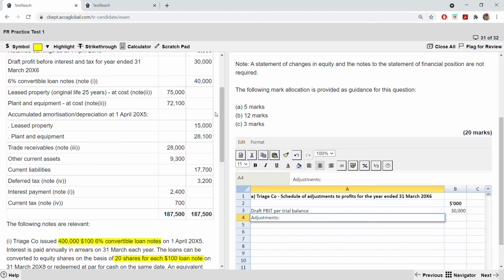So you're only taking the finance cost of that convertible loan note, not the convertible loan note. This you need to understand. Whenever a loan is there, only the interest part will go to the P&L account. That's it. So the adjustments will be convertible loan note, finance cost.